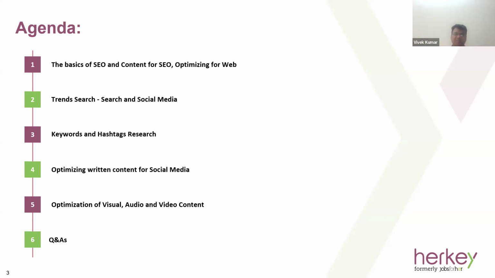Now, for the social media and even for the search engines, including Google, you will find that there are certain topics which are always trending, right? So I'll also show you the tools that can be used to identify the trends. Most of the time, if you spend time on a particular platform, for example, Twitter or LinkedIn or Instagram, it will give you some of the trending topics.